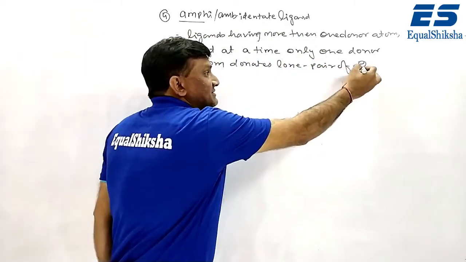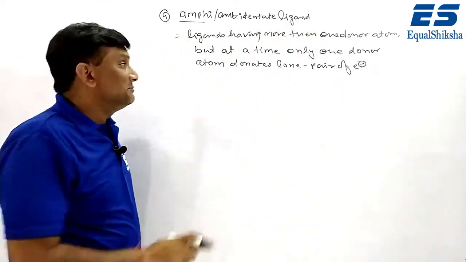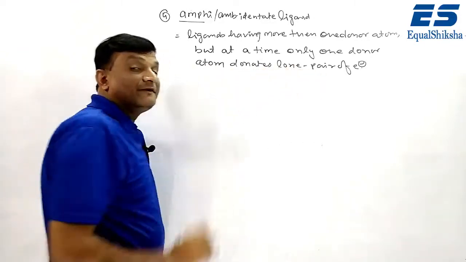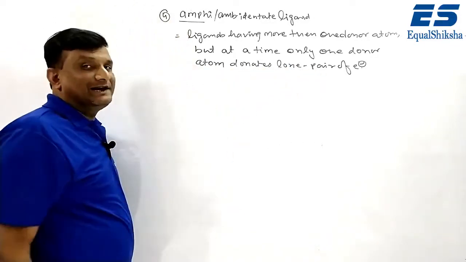Ligands which have more than one donor atom, but at a time only one atom donates a lone pair of electrons, are known as amphidentate ligands.